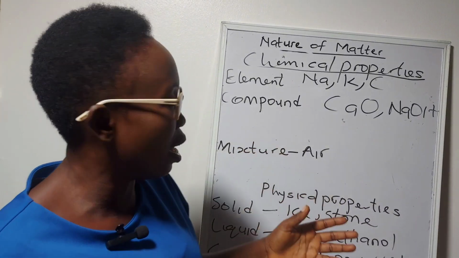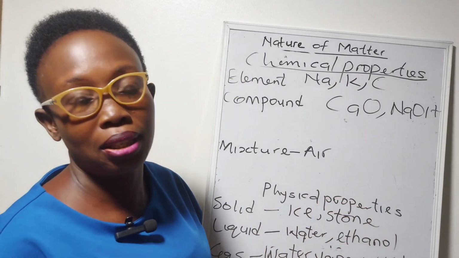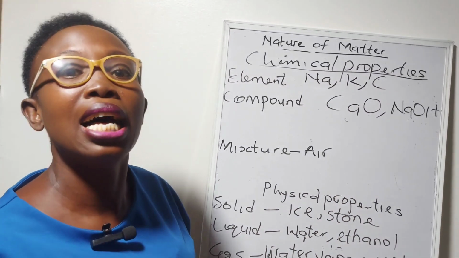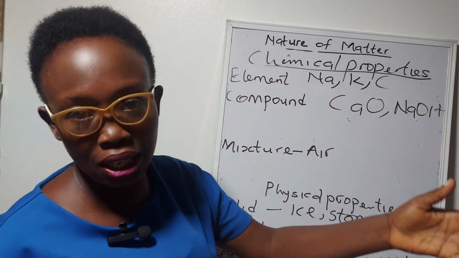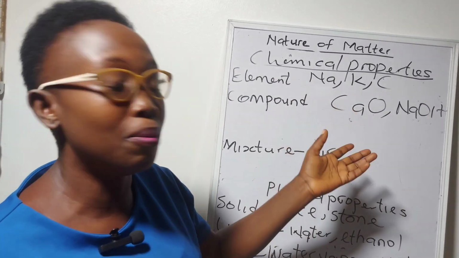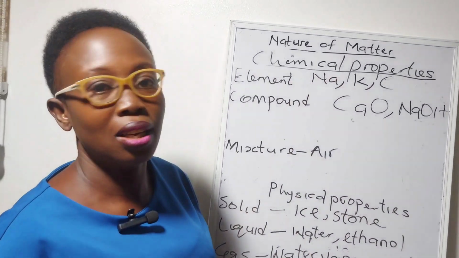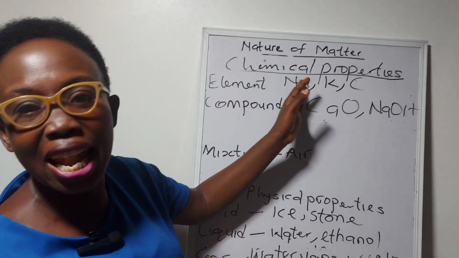At your level now, we will talk about the first 20 elements. They have their symbols. Some are derived from their first letters. Some are derived from Latin names, like sodium. It derives from the Latin natrium. That makes it Na.